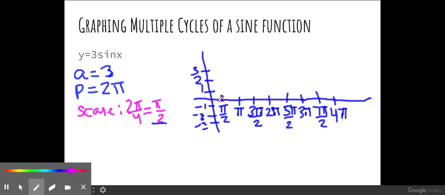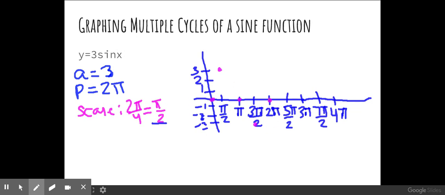So now when we go to graph and when we go to mark our critical points, we still want to look at, okay, this is sine, it's a positive a, so we still want to follow that pattern. So typically we would do this, okay, we have an x-intercept, then a maximum, then an x-intercept, then a minimum, then an x-intercept. So that is enough points for one cycle.